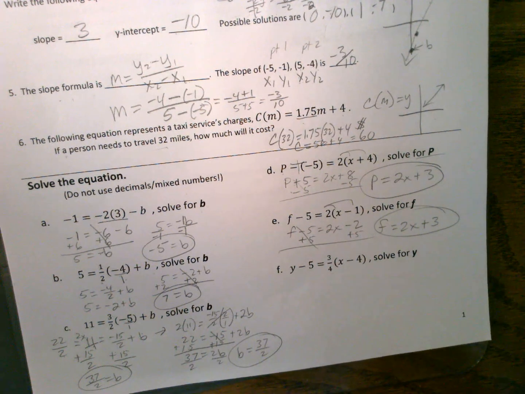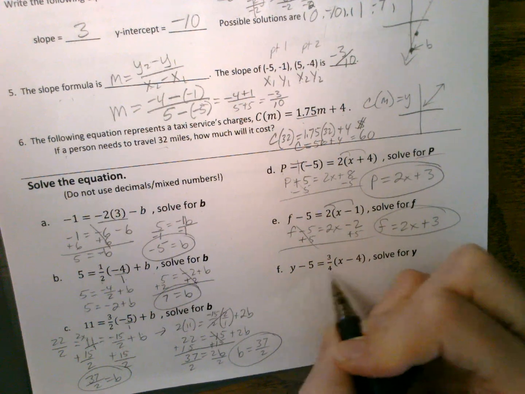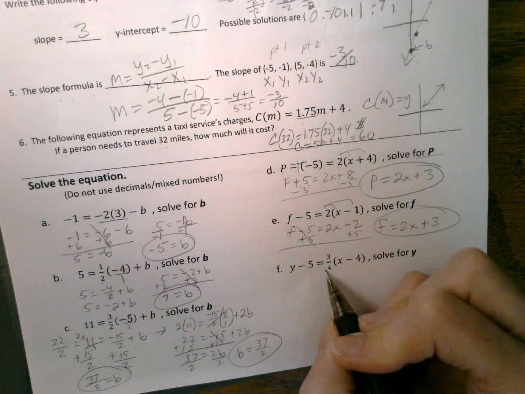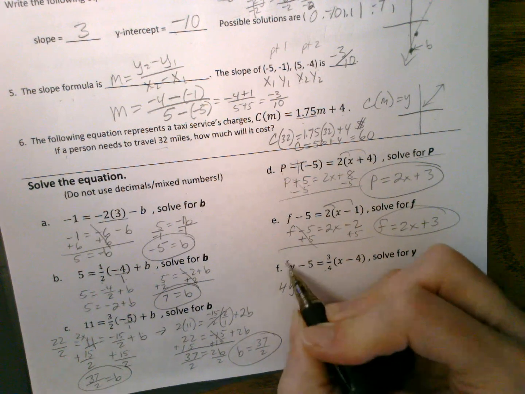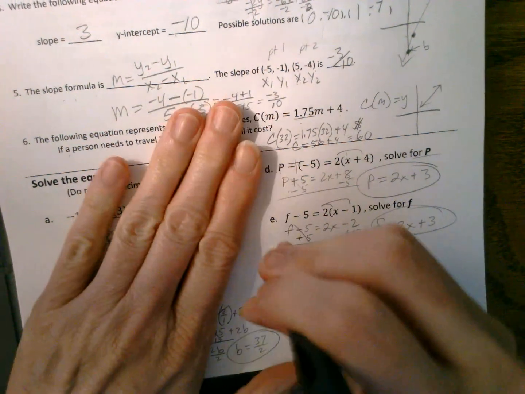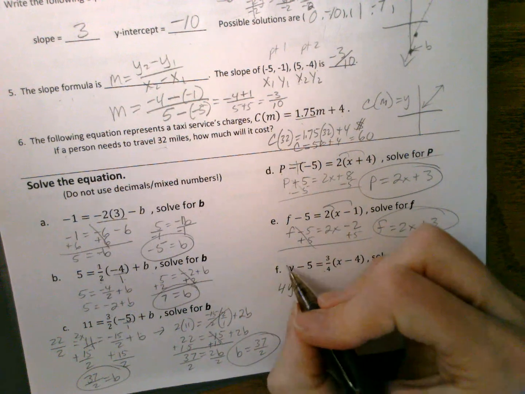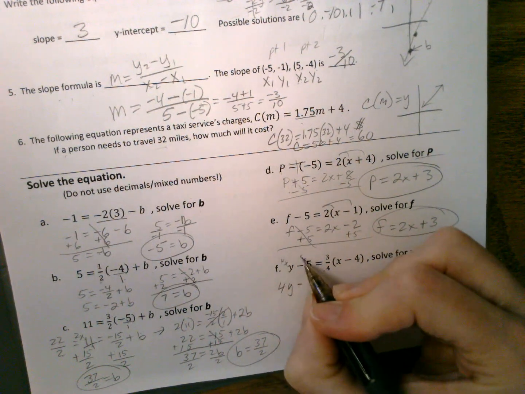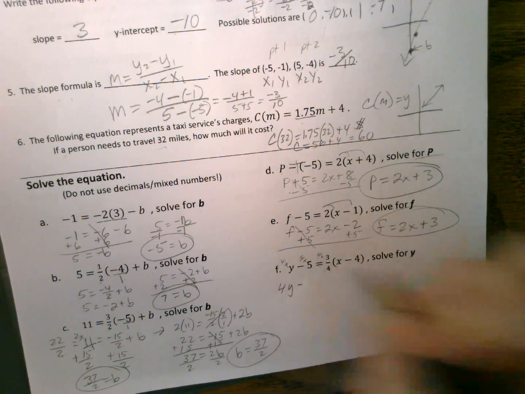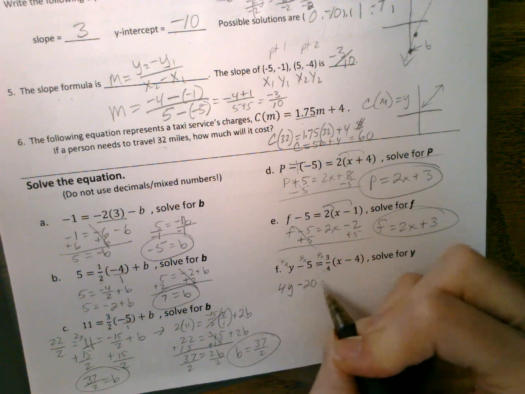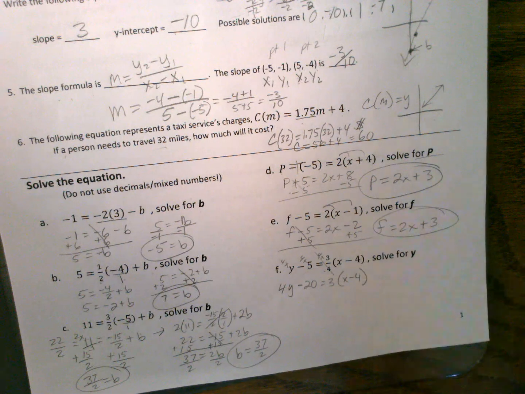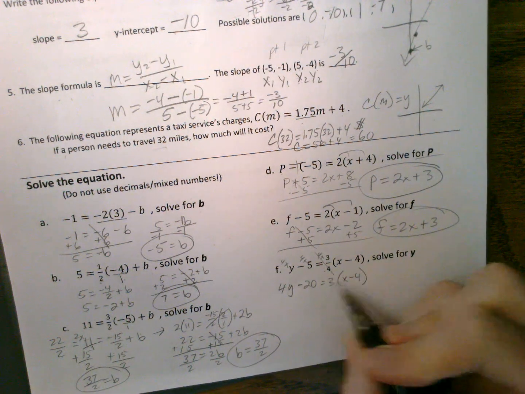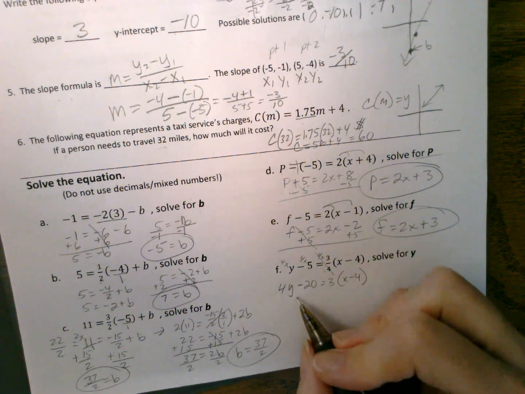Distribution of a fraction, you can also clear it. So let me try to do it two different ways. If I clear this fraction, I'm multiplying by 4. So this is 4y. So this is times, sorry, I'm thinking ahead, times 4. This is times 4, and this is times 4. So this is a 20. That makes that a 3, and you don't multiply it by what's in the parentheses because that's about to be distributed, so you don't want to do it twice.